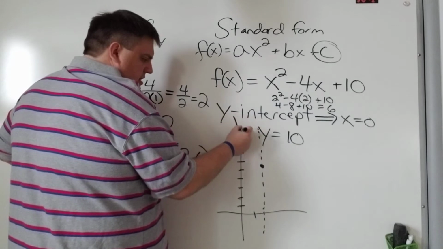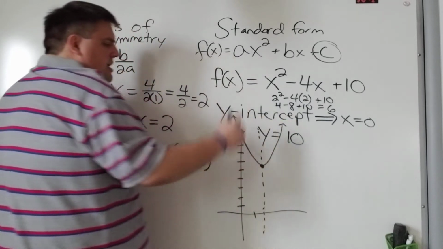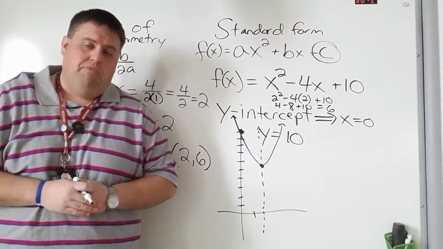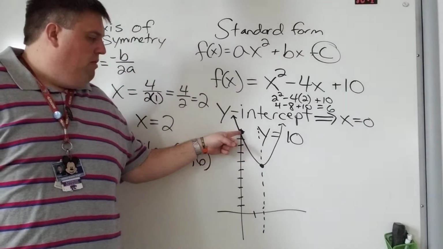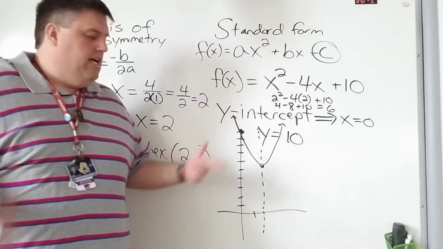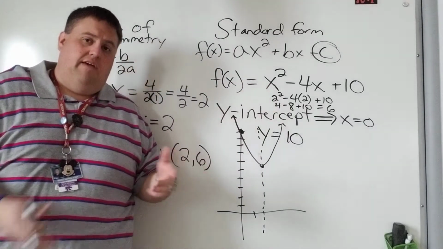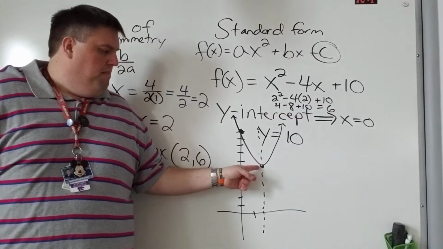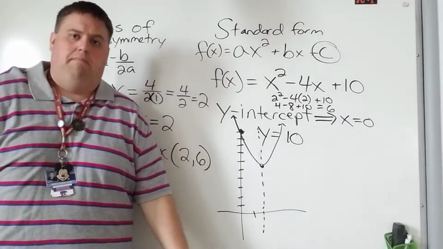So I can come up with a pretty good picture of what that looks like, even without it being in vertex form and knowing what the shifts are. So that's what's really cool. Key points obviously would be my y-intercept and my vertex. And then we just need to look at the a value to see if it's real skinny, if it's flipped. Is this a minimum or a maximum? Well, in this case, it's the smallest number it could be. That's the minimum of my graph.